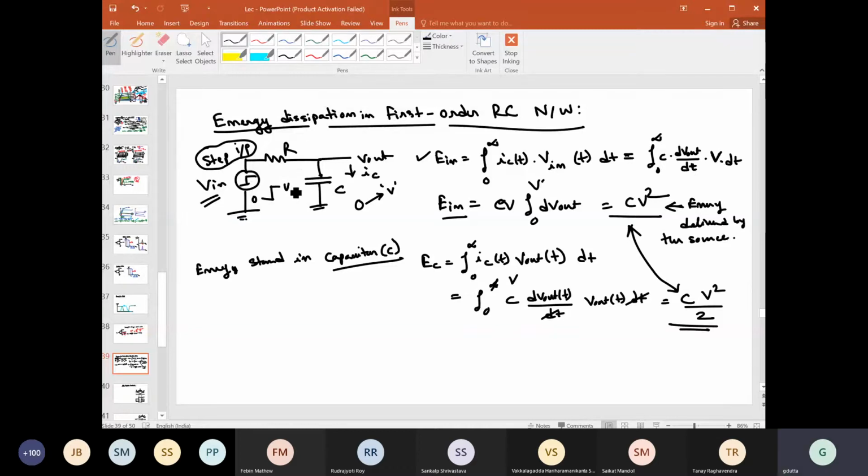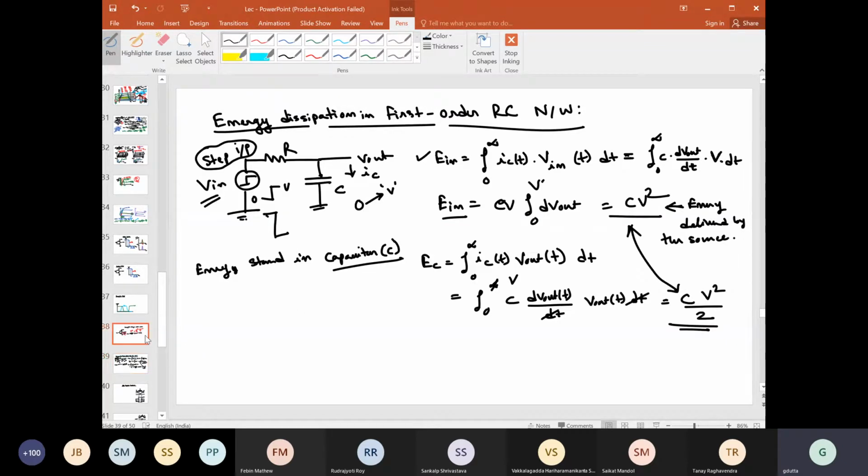Now think from the other situation. Suppose this voltage is now changed from high to low, V to 0 volt. Then what will happen? This capacitor will discharge. During that discharging, the remaining energy, the half CV square that is stored across the capacitor, will be dissipated again across this resistance R. I hope from this discussion you are able to correlate what I am trying to say.